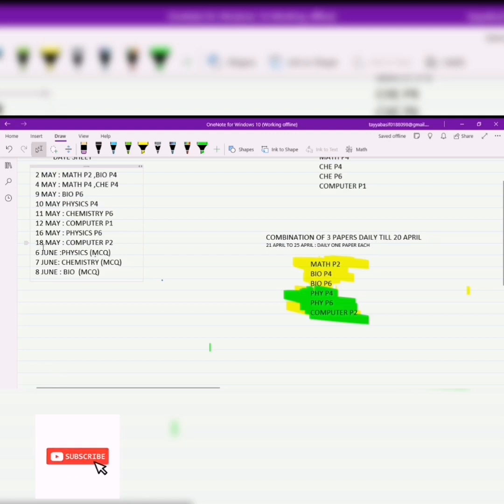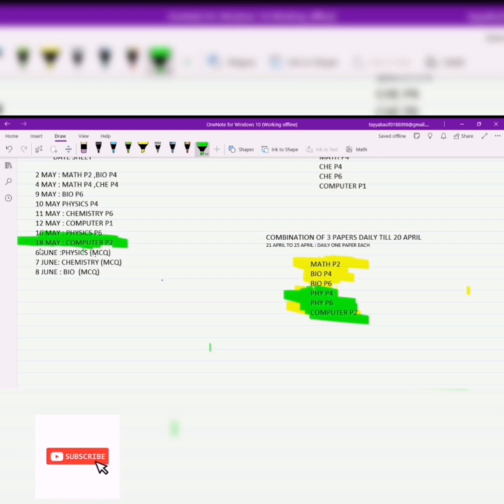If you see in this date sheet, you have the last paper on 18th May, which is computer P2. After this, you have enough space, from 18th May to 6th June. Here is the time frame when you will solve your MCQ papers.